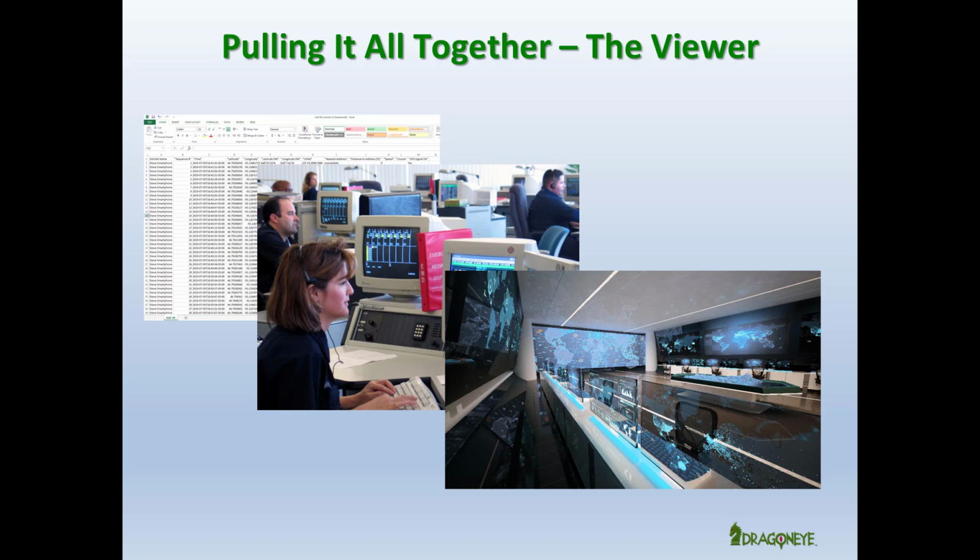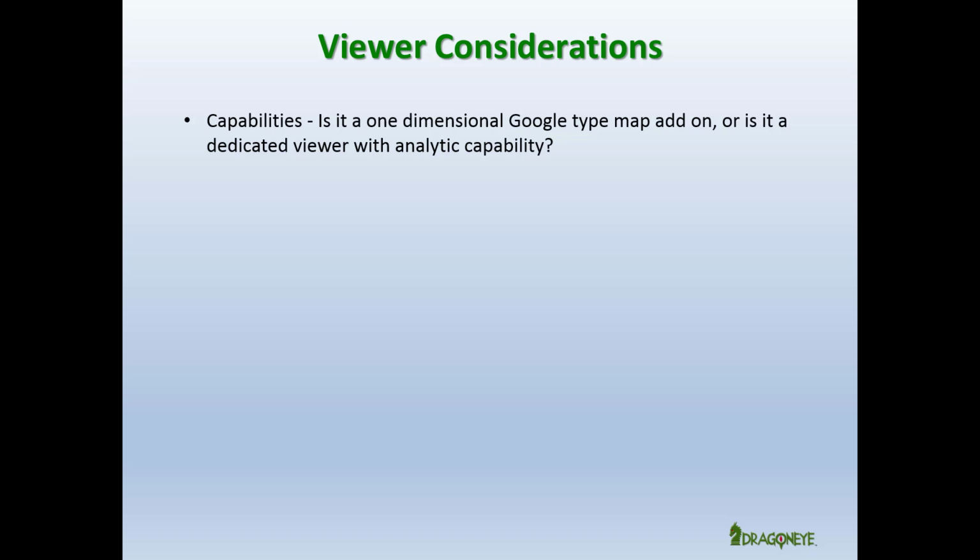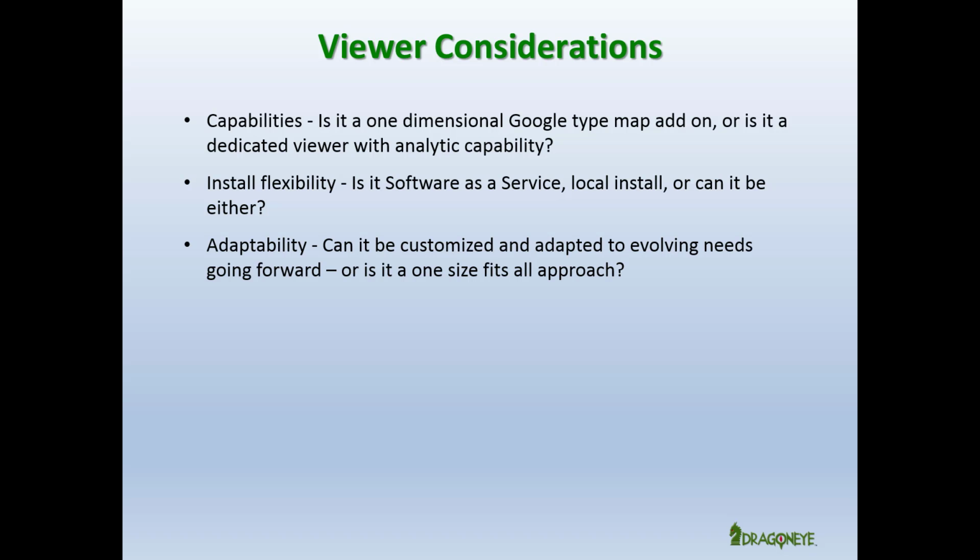With this thought in mind, a very important point to consider when building a GPS tracking system is the data viewer. Some points you may wish to consider are capabilities. Is it a one-dimensional Google-type map add-on, or is it a dedicated viewer with analytic capability? Install flexibility. Is it software as a service, local install, or can it be either? Adaptability. Can it be customized and adapted to evolving needs going forward?